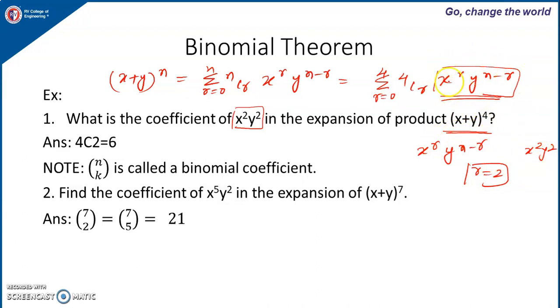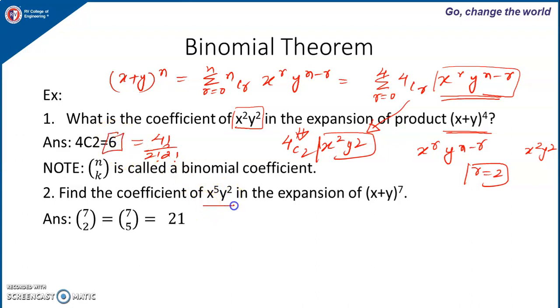Once I substitute the value of r here, it will be 4C2 x^2 y^2. So the coefficient of x^2 y^2 is this. 4C2 will be 4 factorial upon 2 factorial into (4-2), that is 2 factorial. So we'll get 6 as the answer.